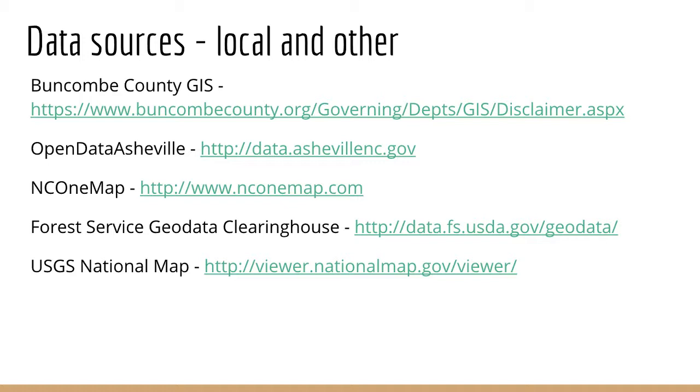You couldn't download files like we'll see today, but you could access their data. And then nationwide, the federal government uses GIS to do a lot of things, and they make that data available.